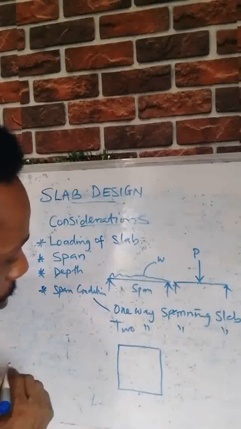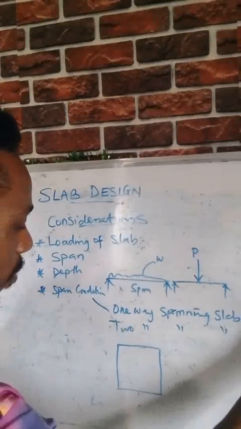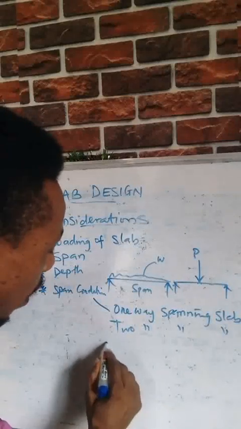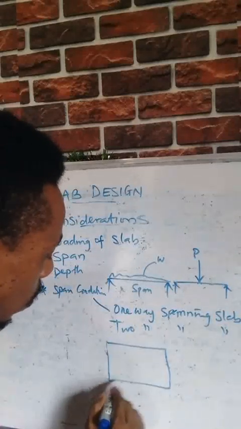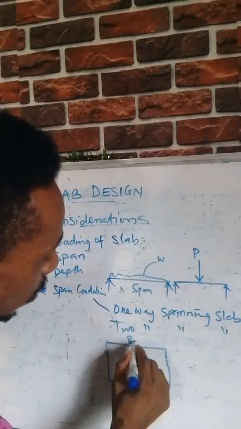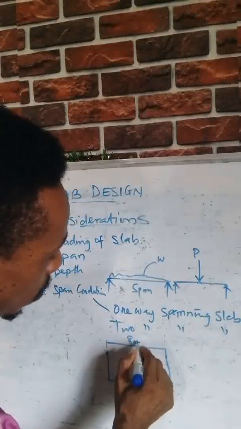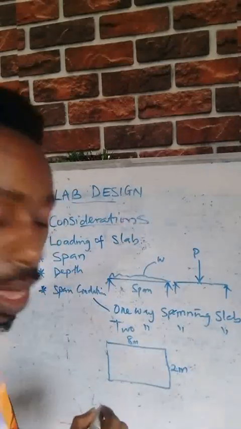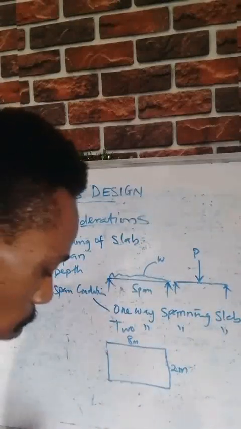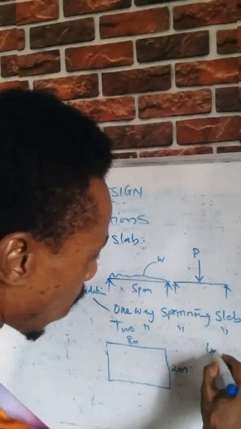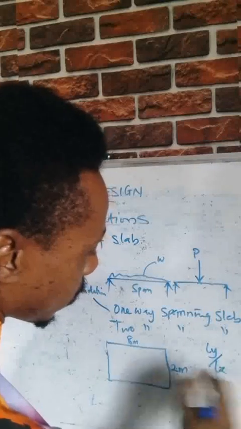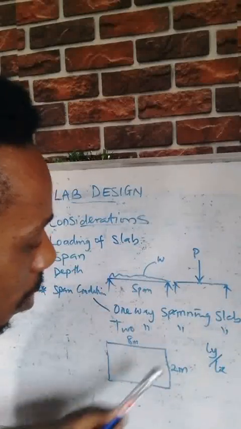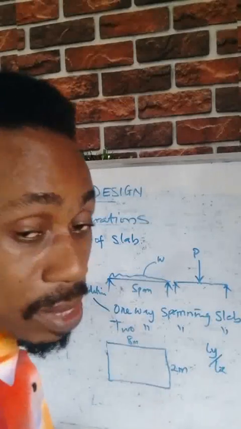Let me start in this format. We have our slab like this. We have here 8 meters, and here 2 meters. Are you getting me? Now there is a ratio called Ly over Lx. Ly is the longer span, Lx is the shorter span.